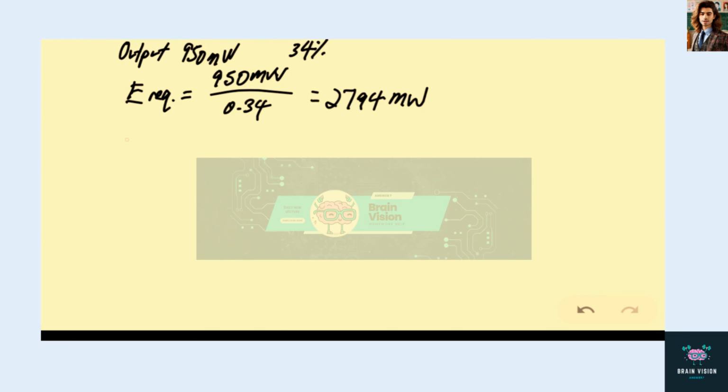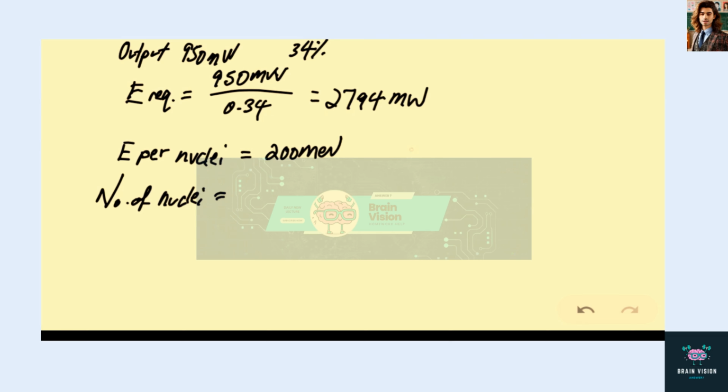Now we know that for uranium-235, the energy released per nucleus, that is per fission reaction, is equivalent to 200 MeV. So from here we can find out the number of nuclei that is required by dividing 2,794 megawatts by 200 MeV.